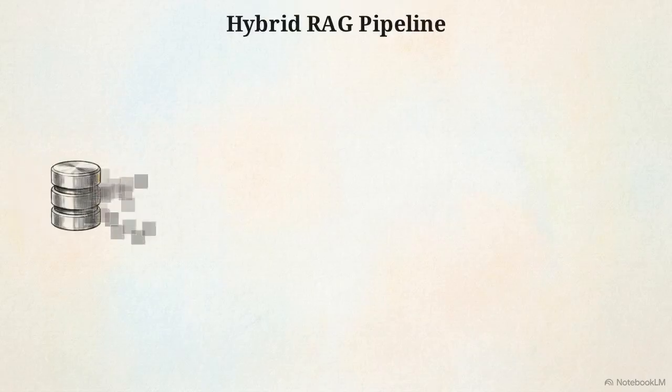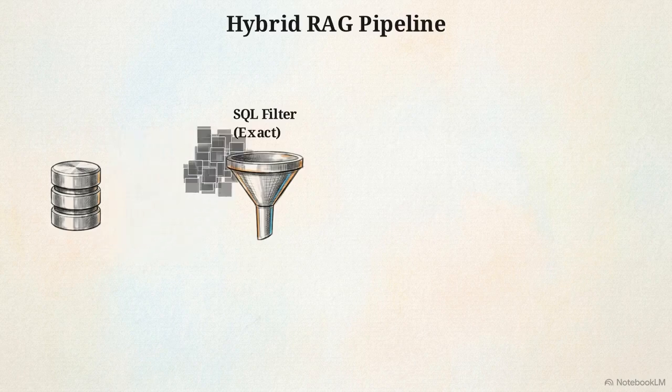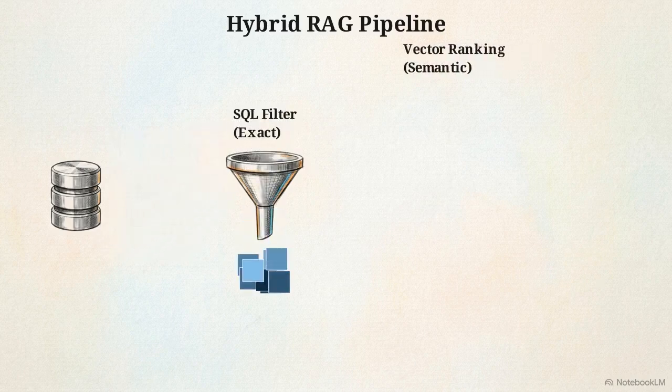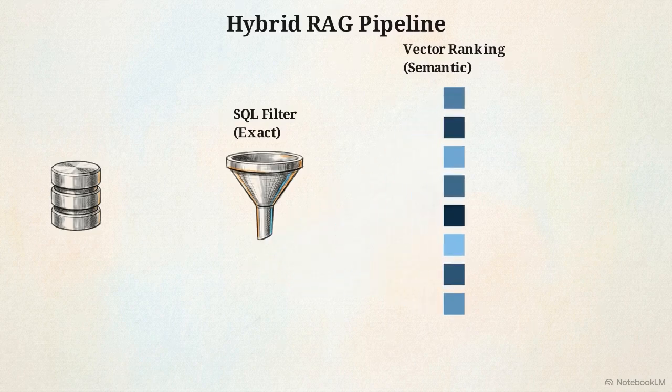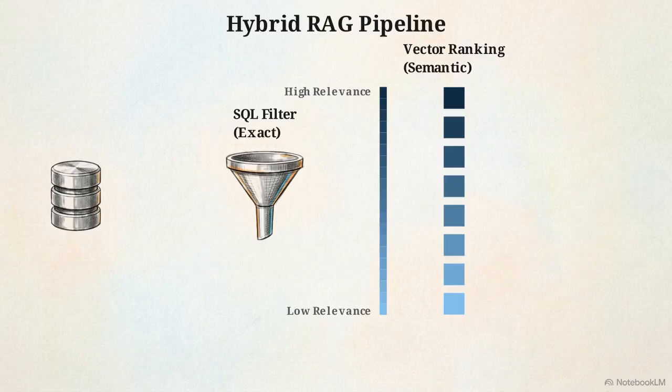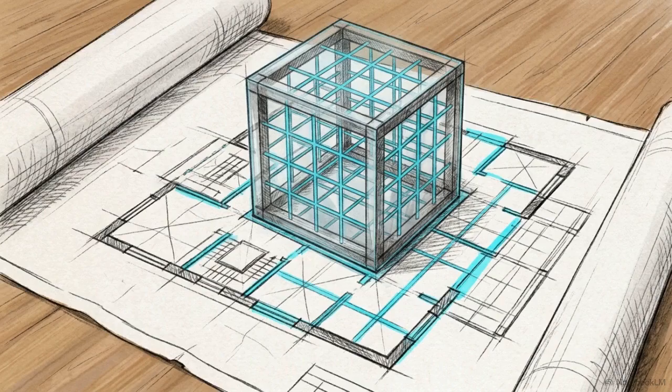This workflow illustrates the optimized solution, hybrid RAG. You use a strict SQL filter to narrow a massive dataset down to the correct date range, and then apply a semantic vector search to rank the remaining documents by conceptual relevance. Without these external architectures, every single run starts with a blank slate. Structured memory gives the agent the context it needs to adhere strictly to your business logic and user preferences.